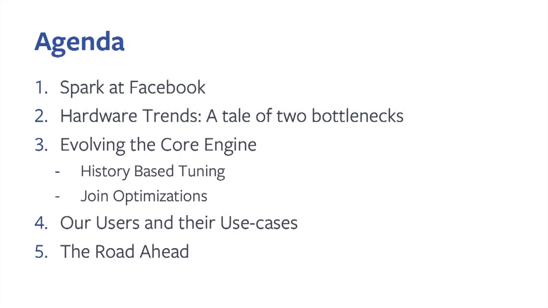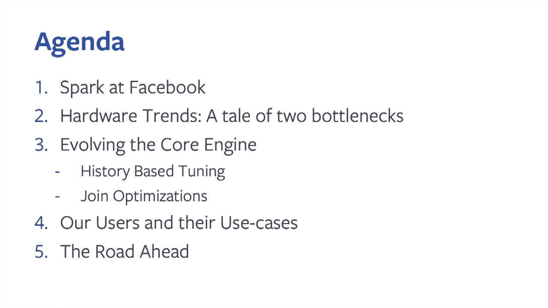So here's a brief agenda for the talk. In the first part of the talk, we'll start off by taking you on a journey of how Spark came about at Facebook. Then we are going to talk about some hardware trends. As I mentioned, hardware trends and more generally the way CPU, disks and memory are evolving play a very important role in how we think about tuning Spark and scaling Spark on clusters of tens of thousands of machines.